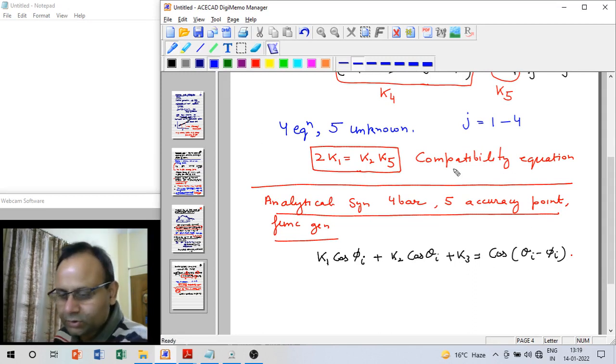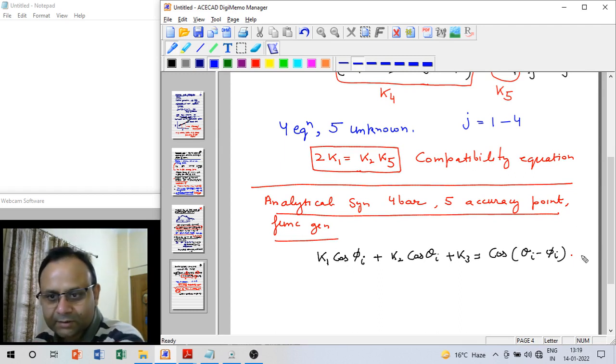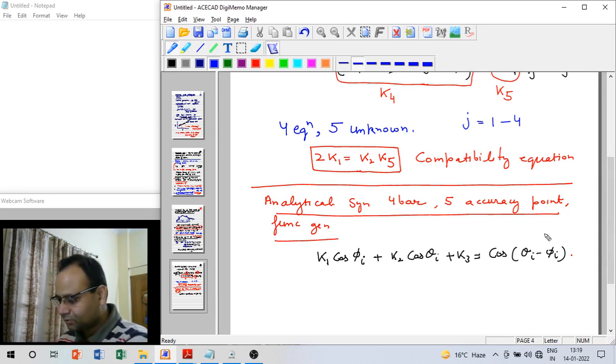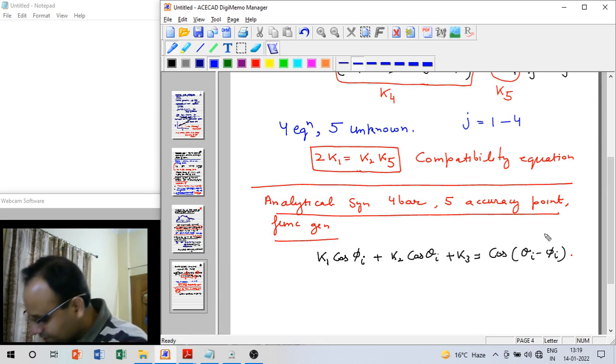Now, to introduce them, you can pause this video and think, just like what we did for the slider crank mechanism. How can we introduce 2 more design parameters? You can try to think about it, but the answer is just like we did for slider crank. You can write theta I equals theta 1 plus theta 1I, and similarly phi I equals phi 1 plus phi 1I.